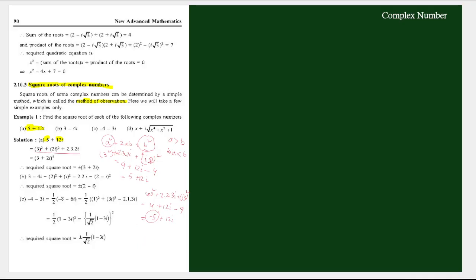So using this formula we get 3 plus 2i whole square, so the required square root will be plus minus 3 plus 2i.